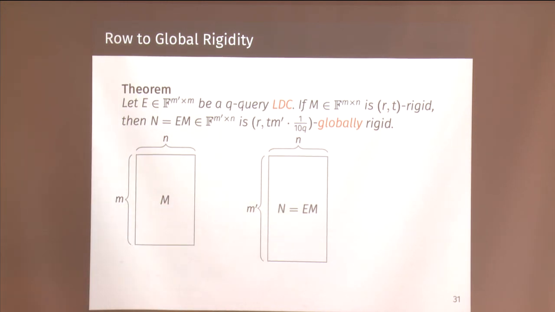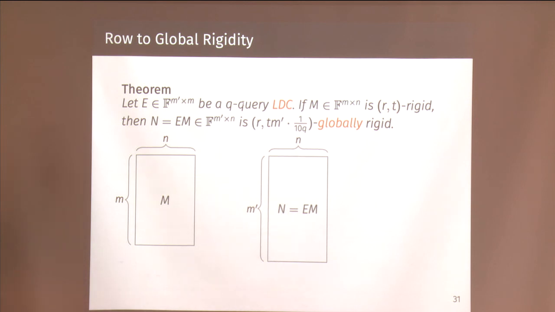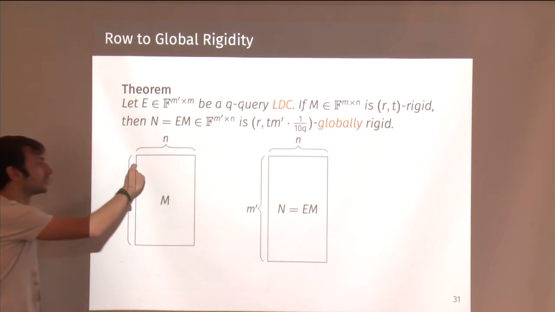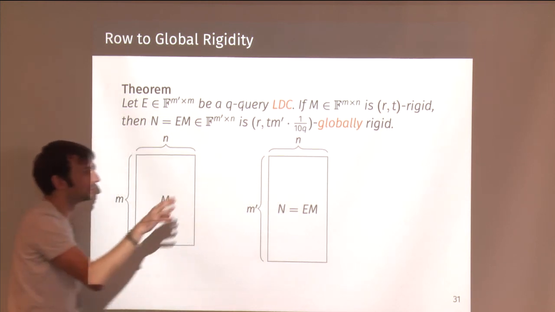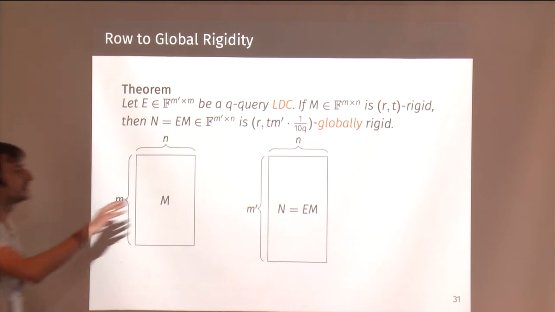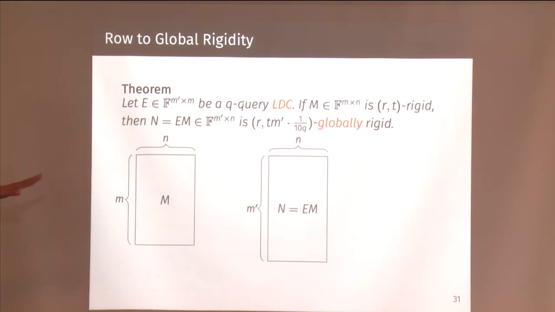One can view it as a worst case to average case reduction, because row rigidity says whatever low dimensional space you give me, at least one row is far from it. Global rigidity says whatever low dimensional space you give me, at least 10% of the rows are far from it. So what we're doing here is a worst case to average case reduction for rigidity, and we're using worst case to average case techniques.